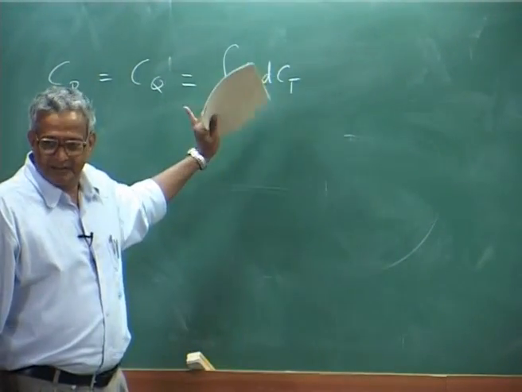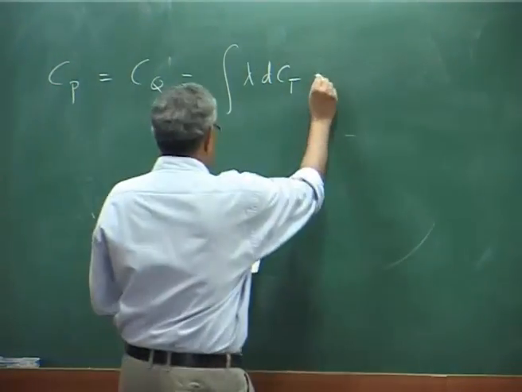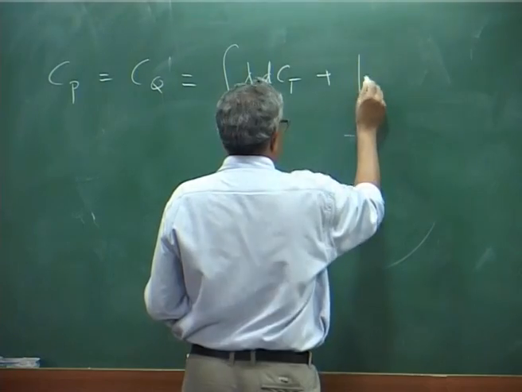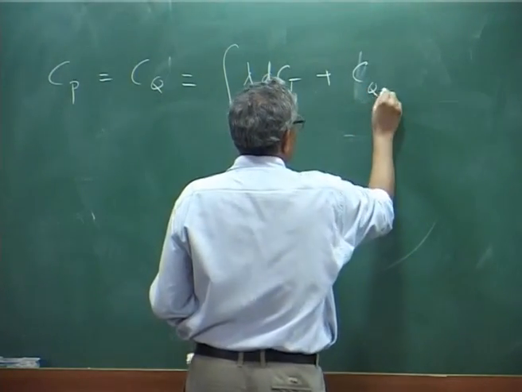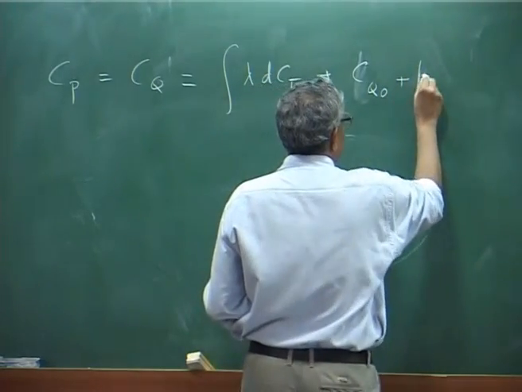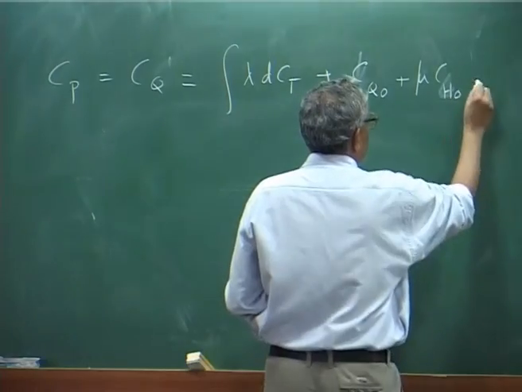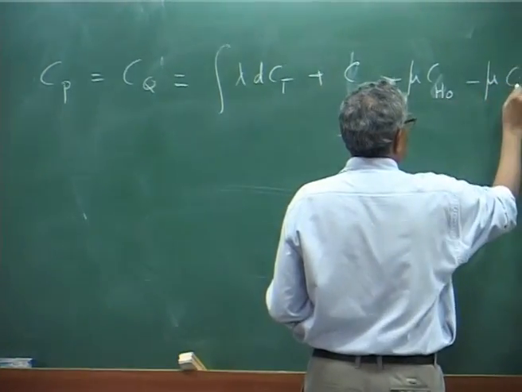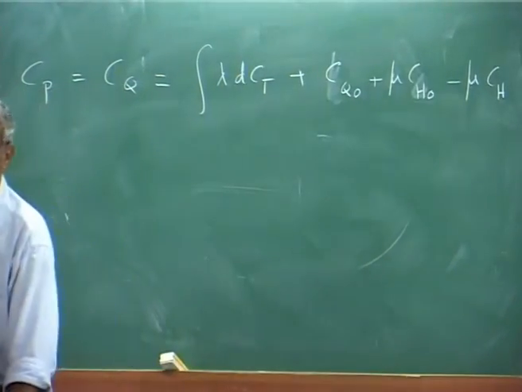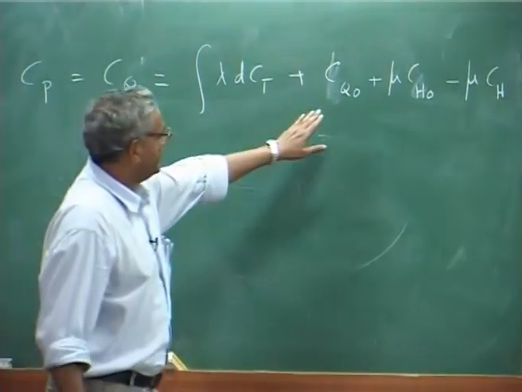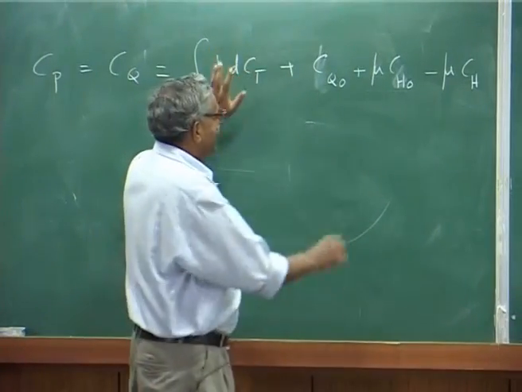This is the mean, an average value, plus you have C_Q0 plus mu C_H0 minus mu. This term is still there, because this is only C_QI, mu C_HI.